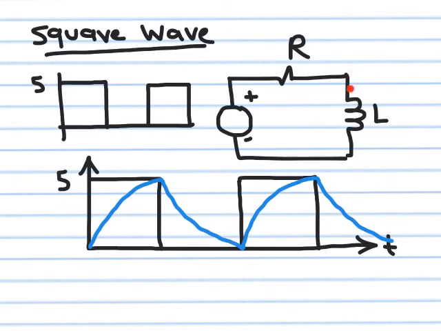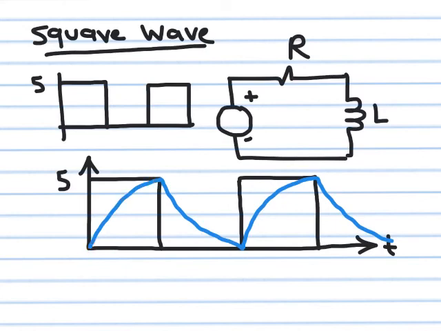If the inductor does not have any current, the current will rise from 0 and then gradually and slowly rise to a certain value. It's not 5 here, I'm not drawing it to the same scale. The current has its own scale, but I'm showing it as fully charged. So remember, this value is actually 5 over r if it's fully charged. Will the inductor be fully charged or not?